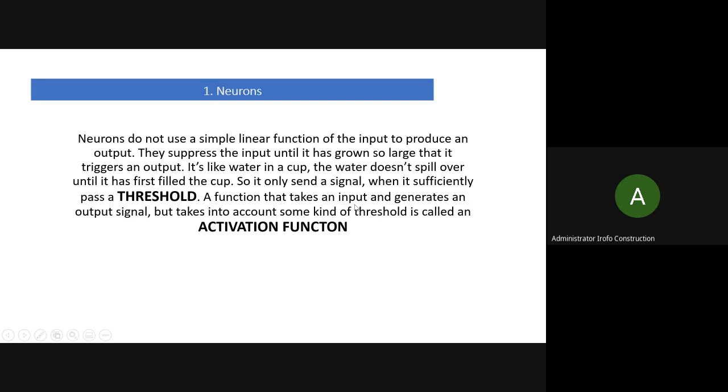A function that takes an input and generates an output signal is called an activation function. So this is one thing you should take note of, it's very important. A neuron doesn't just pass any signal to the other neuron; the signal has to pass a threshold.